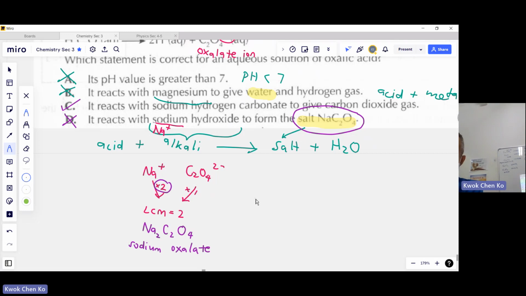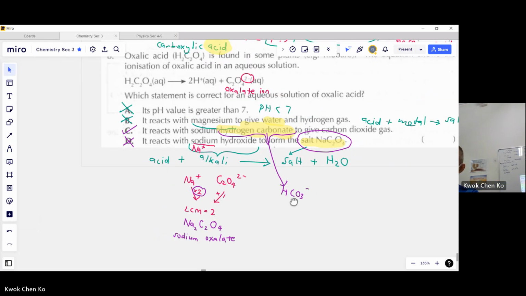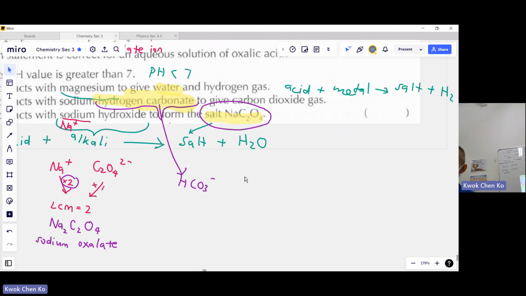Okay. What is hydrogen carbonate? It comes out once in a few years. What is hydrogen carbonate? Is this ion here? Okay, this hydrogen carbonate. Perhaps I observe one of the questions they like to ask is this.